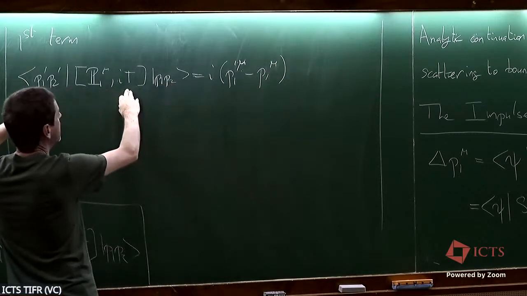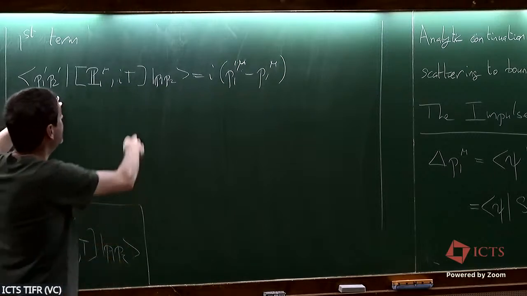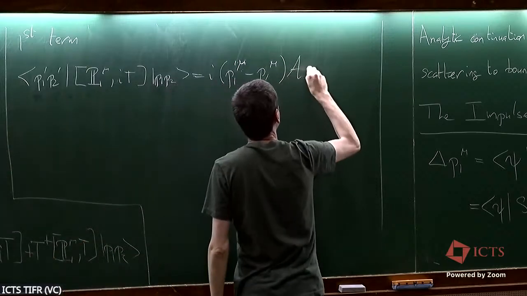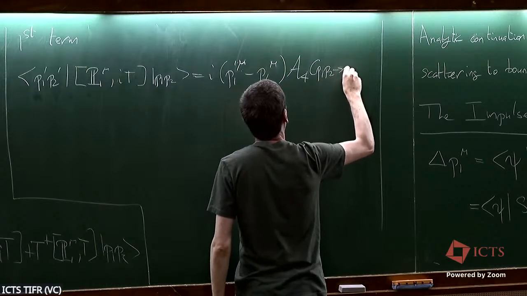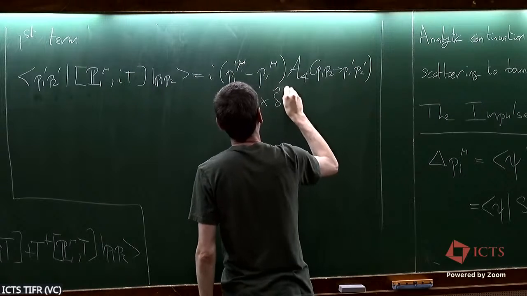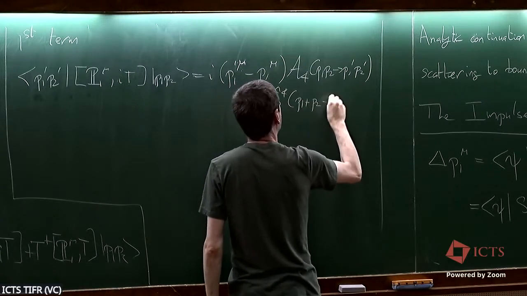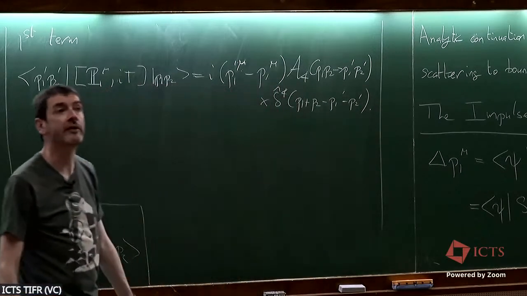And then what's left is just the amplitude, so it is a t between p1 prime, p2 prime, and p1, p2. That is the 4-point amplitude, or p1, p2 goes to p1 prime, p2 prime, times the 4-dimensional momentum conserving delta function. So that's what we get from the first term.